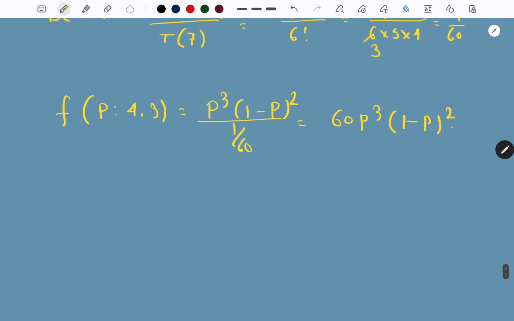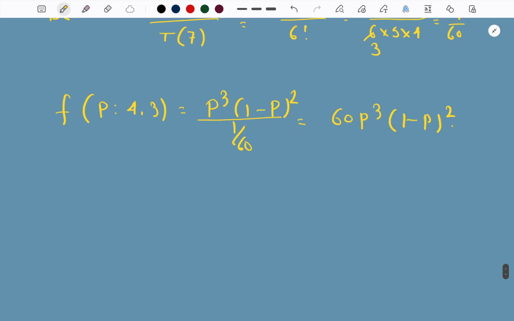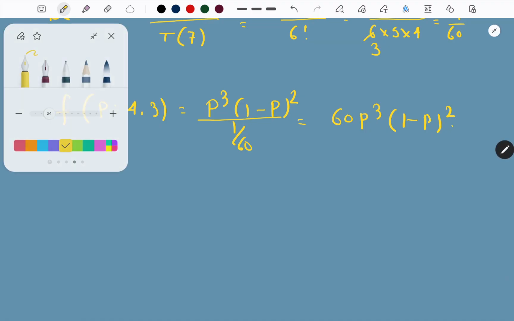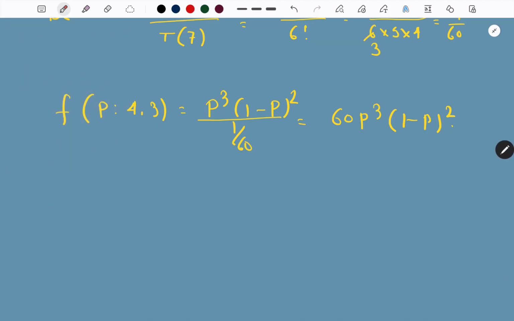Now what were we required to find out? We have got the probability distribution function. Now we have to find the probability of 3 heads and 2 tails.